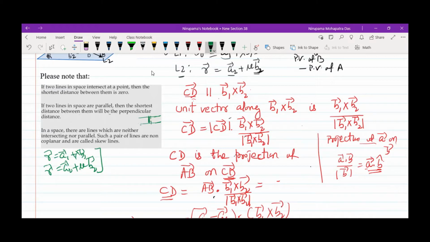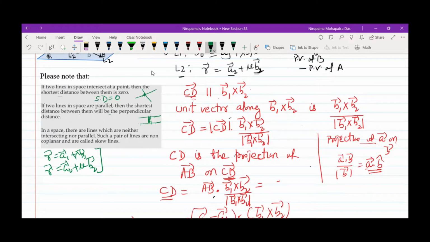I'll tell you the formula also. If two lines in space intersect at a point, then the shortest distance between them is 0. The shortest distance between two intersecting lines will be 0.